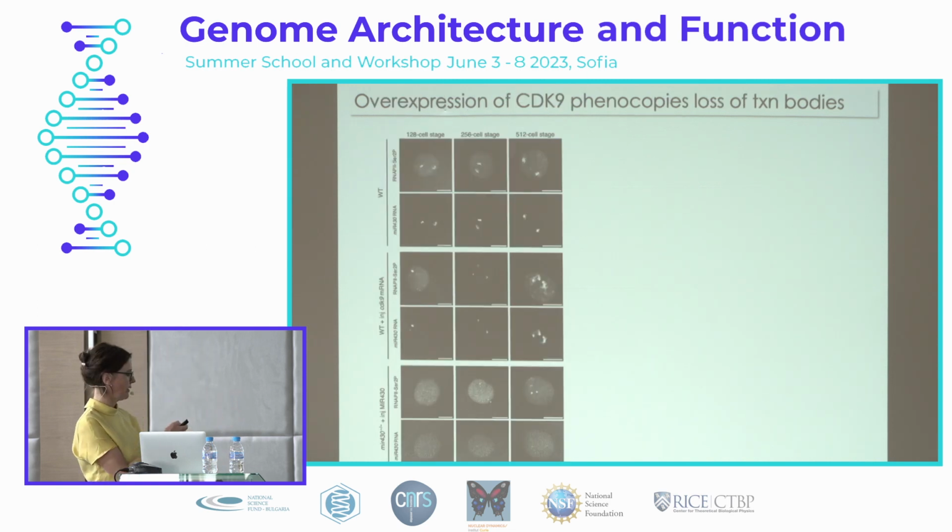And so the experiment that we did was we took wild-type embryos and injected CDK9 mRNA. And again, so this is a wild-type embryo. These are now 3 different stages. In the wild-type, you can see these 2 elongation clusters only at the miR430 locus.